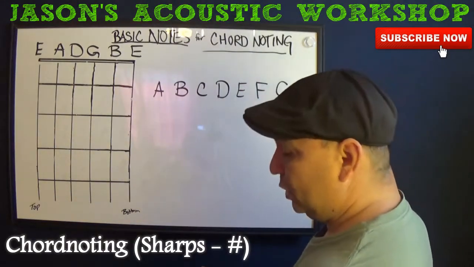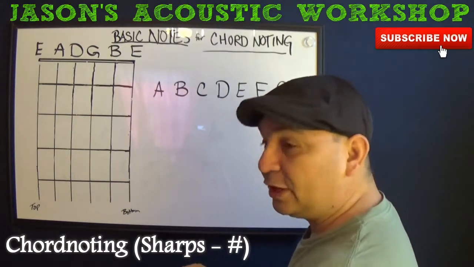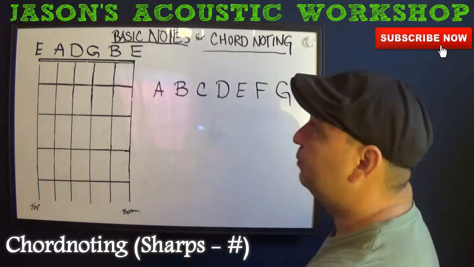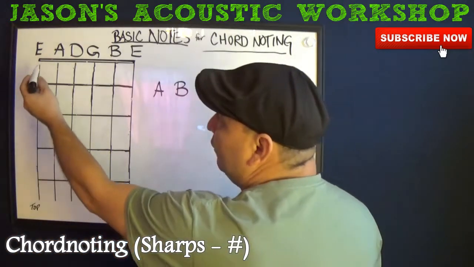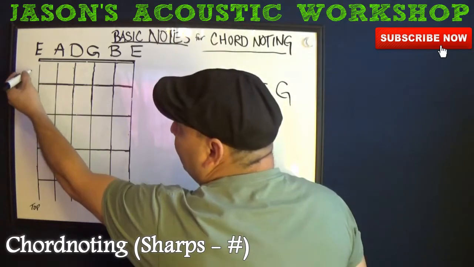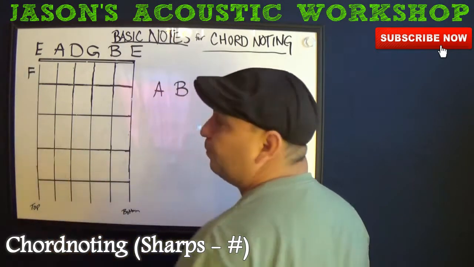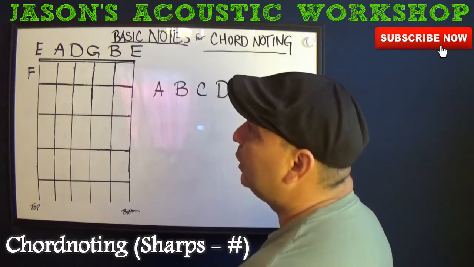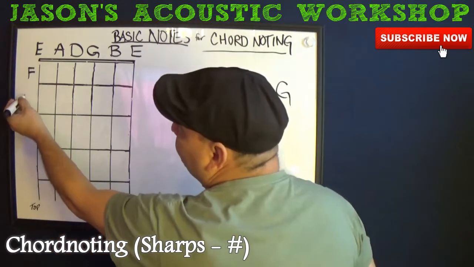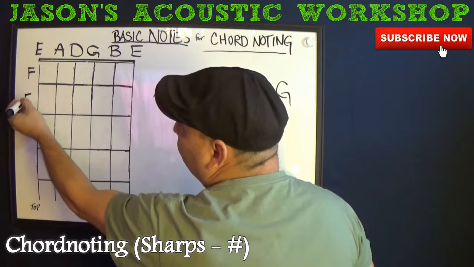So, it's going to be basically just like going up the alphabet. Okay? You have E, and your next note is going to be F. Now, after F, you're going to have F sharp.